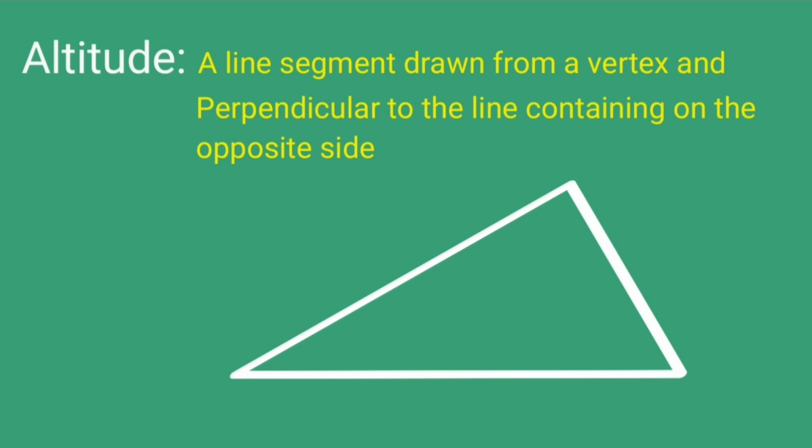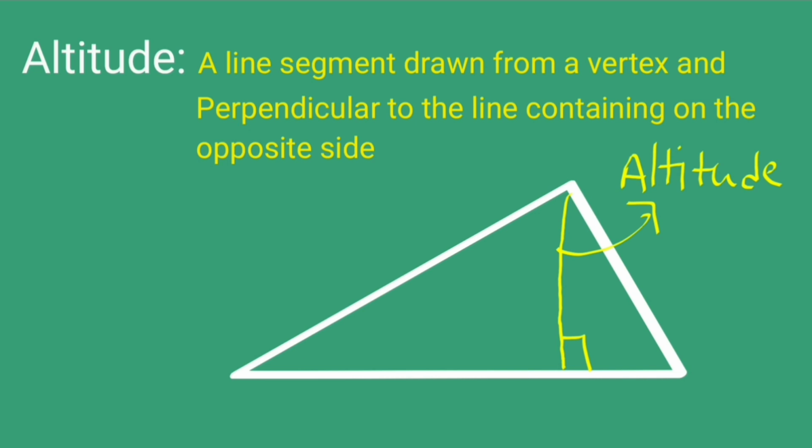Now I am drawing a line from this vertex perpendicular to the opposite side. This line, starting from this vertex and perpendicular to this opposite side, is called the altitude.